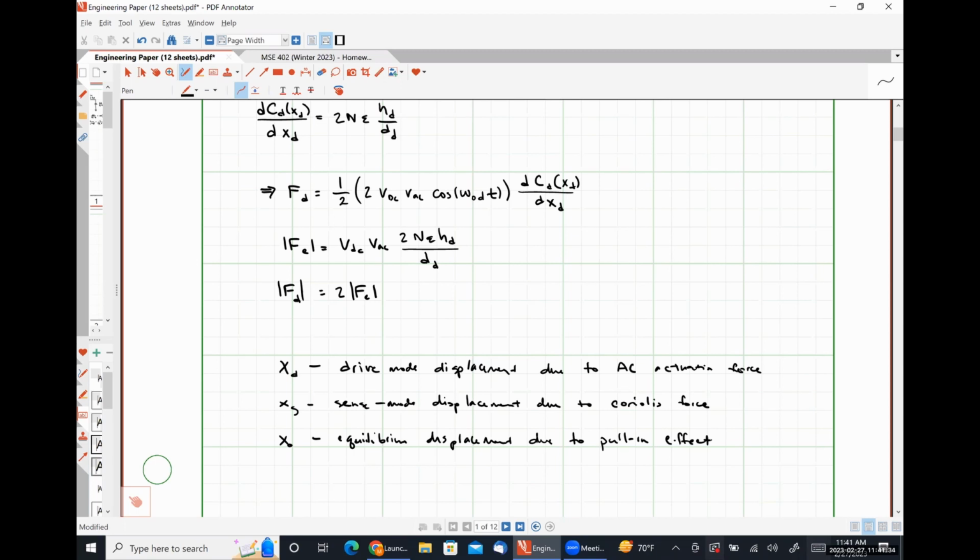basically our new pull-in effect distance. What I'm trying to get at is that the pull-in effect plus the displacement caused by a Coriolis force will at some point be large enough to cause our plates to snap together for a particular rotational threshold.